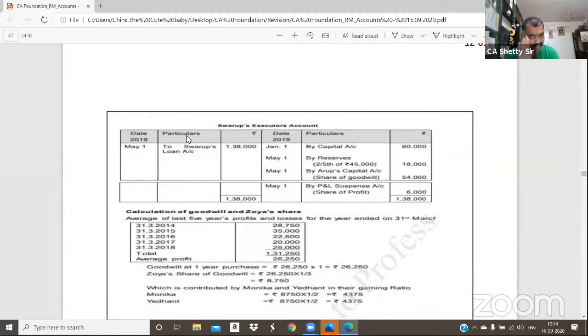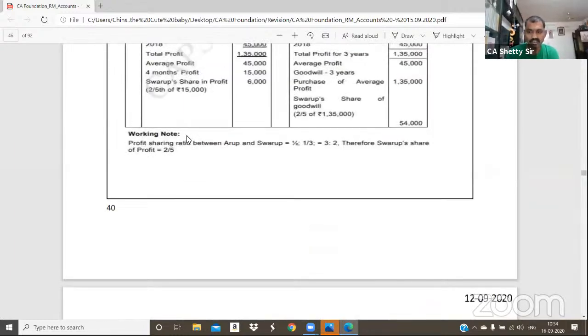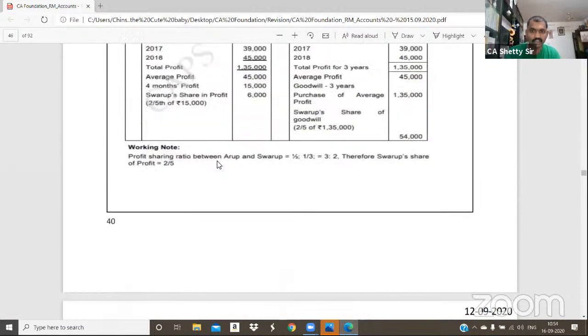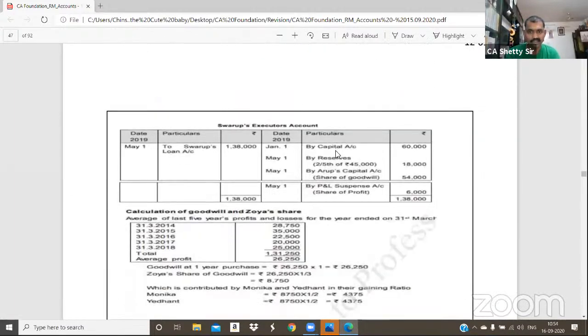But in the question they specifically ask, prepare S's executor's account as would appear in the firm's ledger, transferring the amount to loan account. They are only specifically saying it in the last sentence of the question. That's why they have done it. Otherwise, all these transactions will appear in S's capital. Here it should have been written executor's account. Executor's account itself is a loan account. Understanding? Yes, sir.